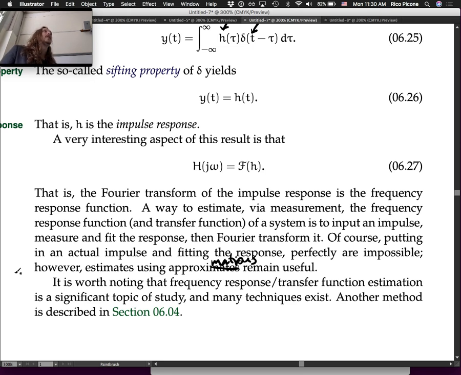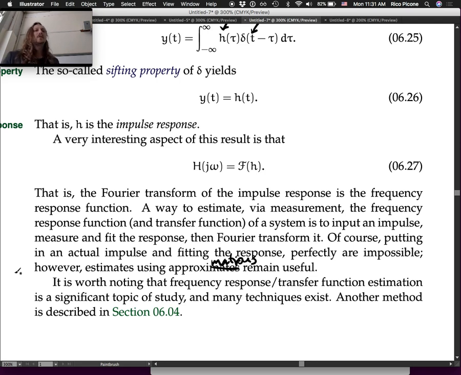That's a really good way to go, because you don't have to say, oh, this is a mass and this is a spring, and this has inductance associated with it. You just simply put in something and you measure something, and then you estimate how the system's going to respond as a transfer function. So it's a nice, very practical thing to be able to do, measuring the transfer function, estimating the transfer function.